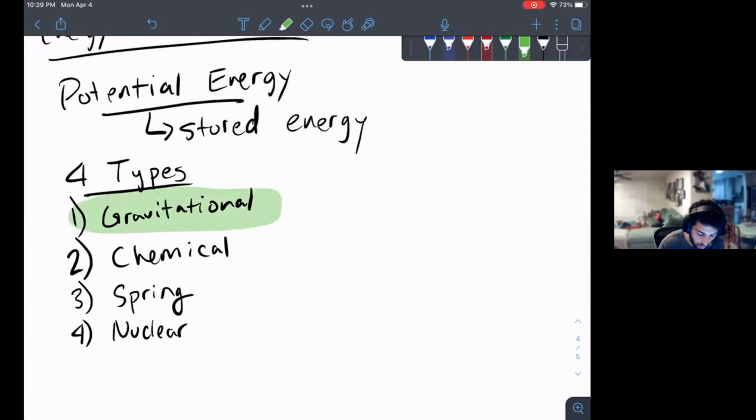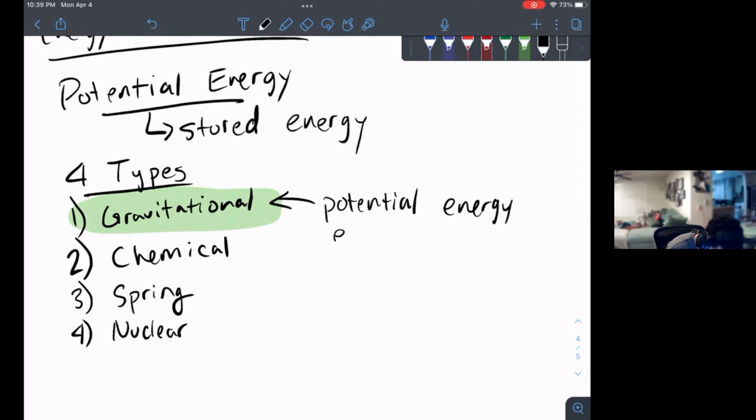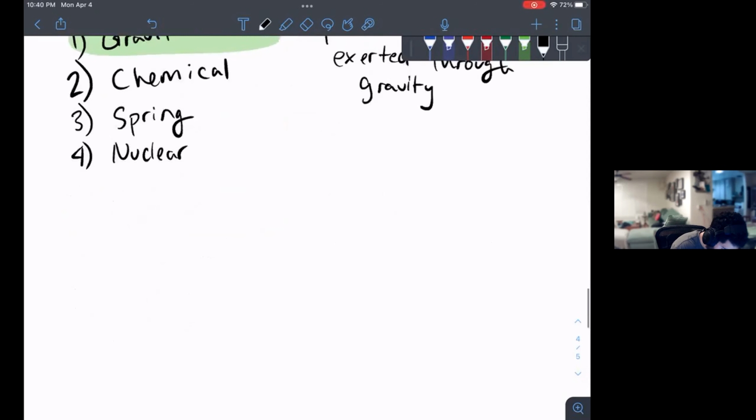It's one of the most common ones you find. So gravitational potential energy is, again, the potential energy exerted through gravity. So, for example, we generally have an equation for it.